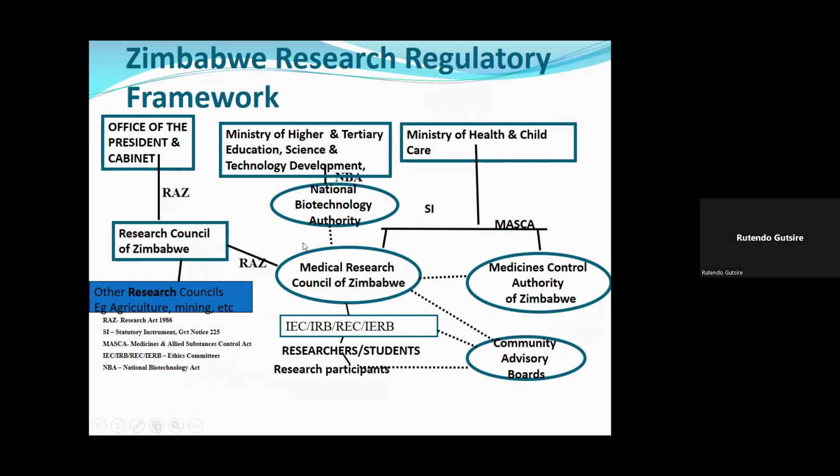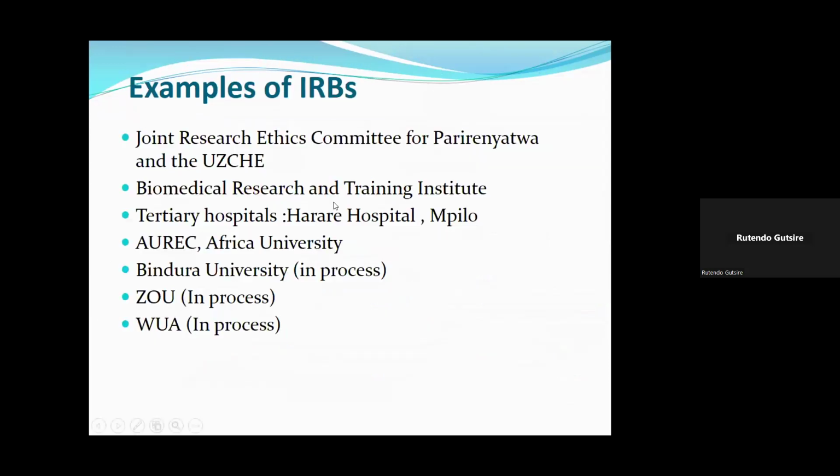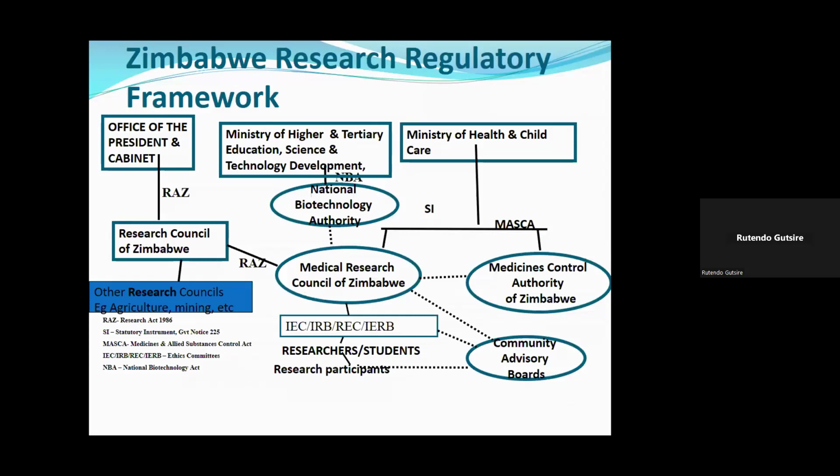Then we have the National Biotechnology Authority. Some of you might know it. NBA is a potential employer for some of you who are doing the BMS course, after you graduate, after your master's.